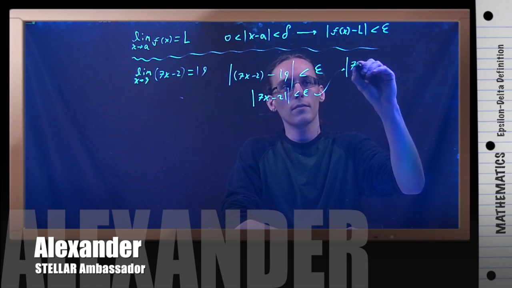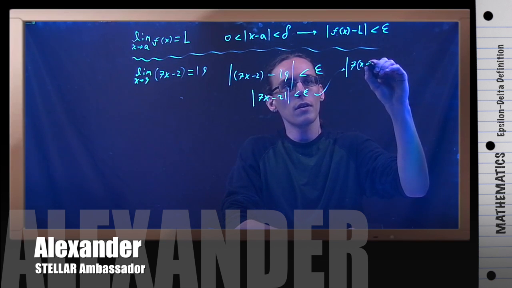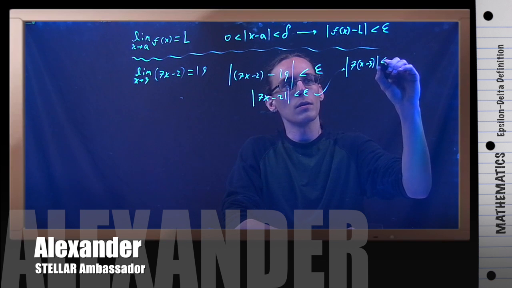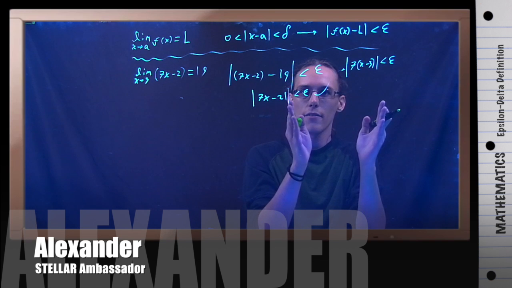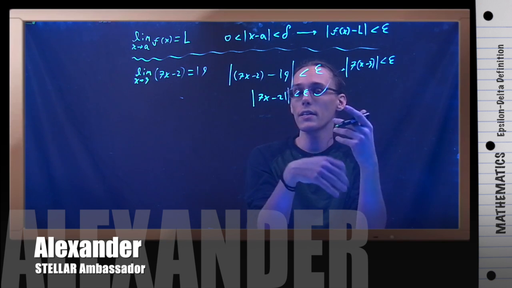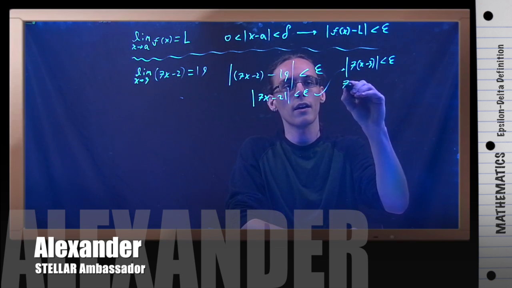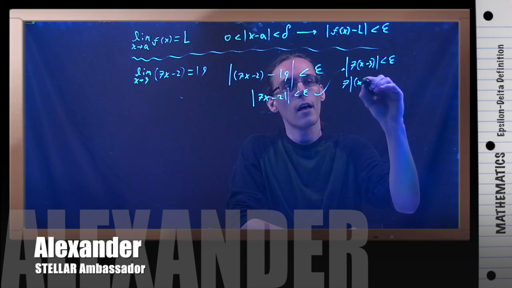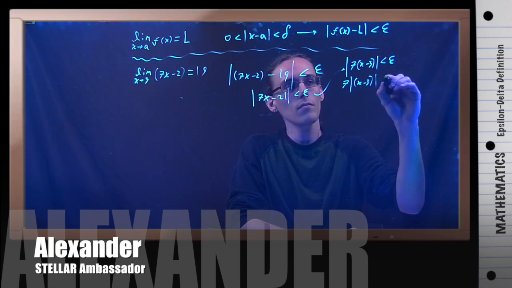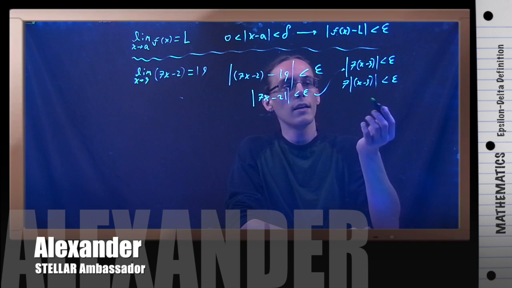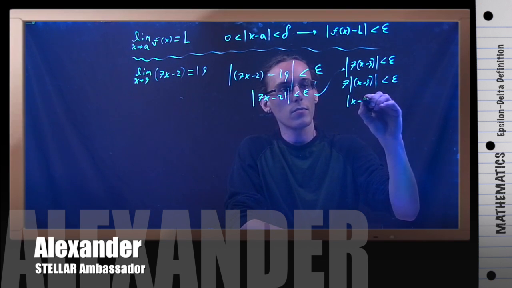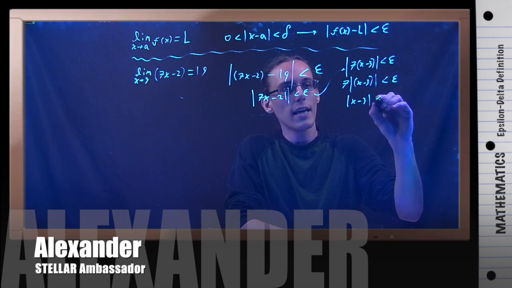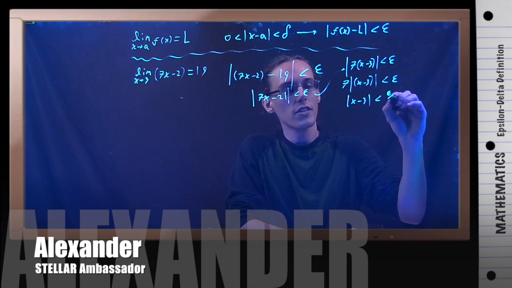So I've got 7 times (x minus 3) needs to be less than epsilon. Well, the absolute value of 7 is still just 7, so I can take that outside of the absolute value bars. I have 7 times the absolute value of x minus 3 less than epsilon. Now I can divide both sides by 7. So I have the absolute value of x minus 3 needs to be less than epsilon over 7.